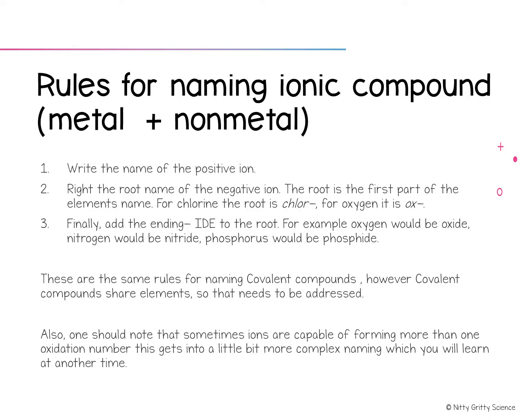The final step will be adding the ending IDE to the root. So chlorine would now be chloride, and oxygen would now be oxide. You don't have to worry about the subscripts when writing the names for ionic compounds because they do not become part of the name. However, they can be used to help determine the charges of these metals that have more than one positive charge.